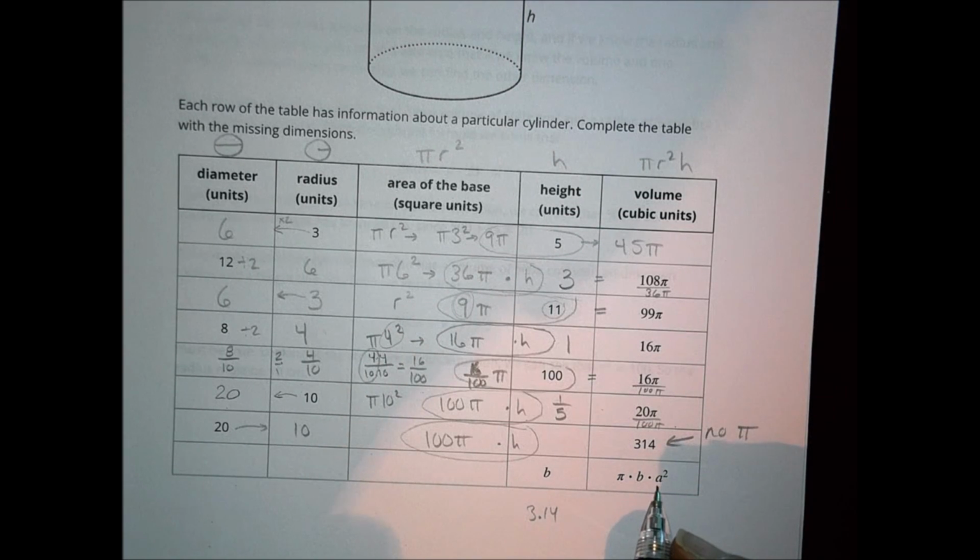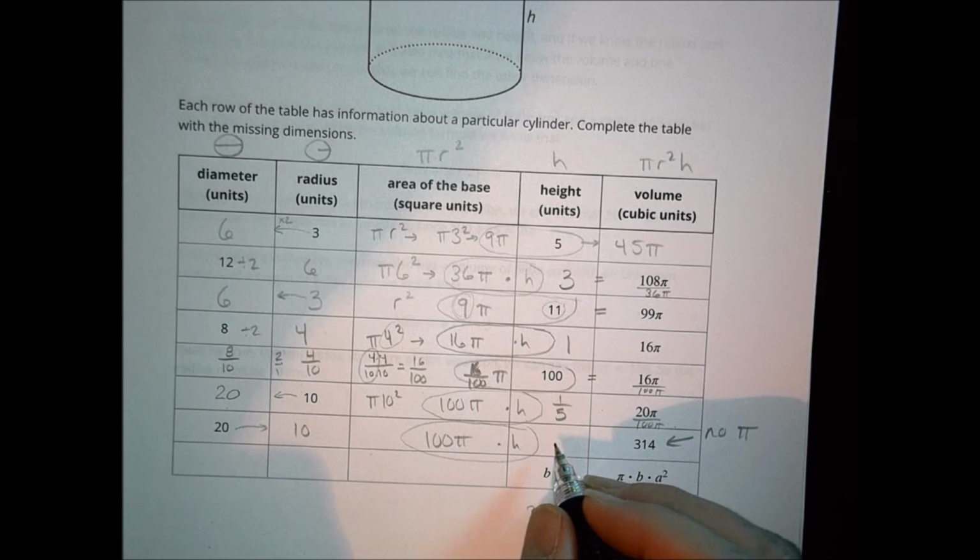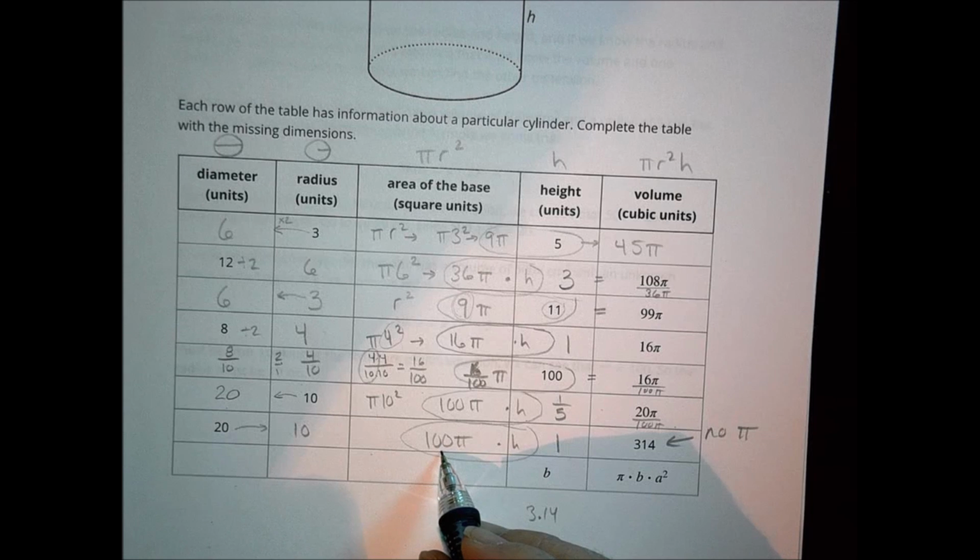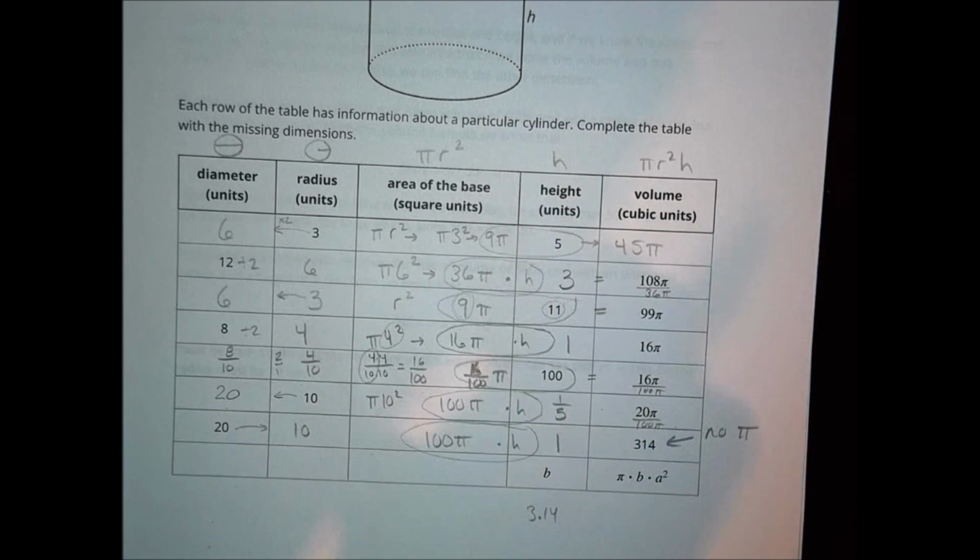So 3.14 is what pi is, which is going to make h equal to 1. And the reason it's equal to 1 is that 100 times 3.14 is going to equal 314. Again, I could divide this by 100 pi, and I'd end up with 3.14, end up with 1, sorry.